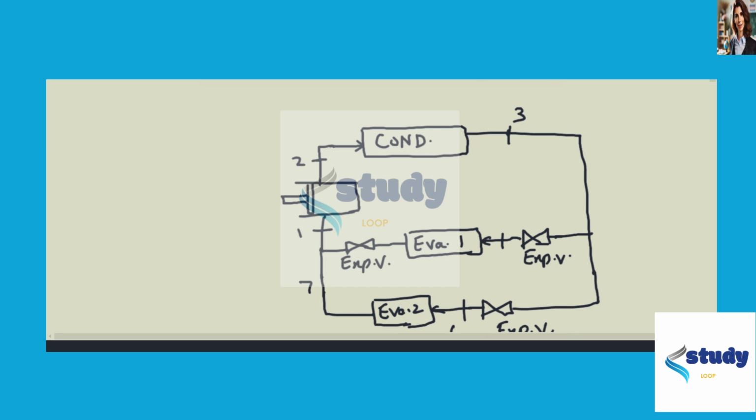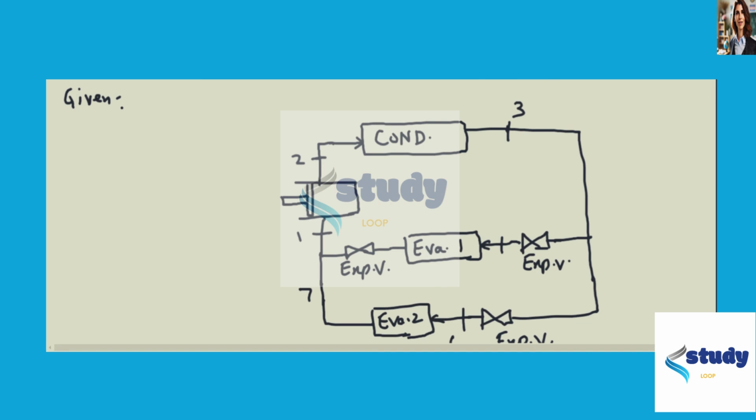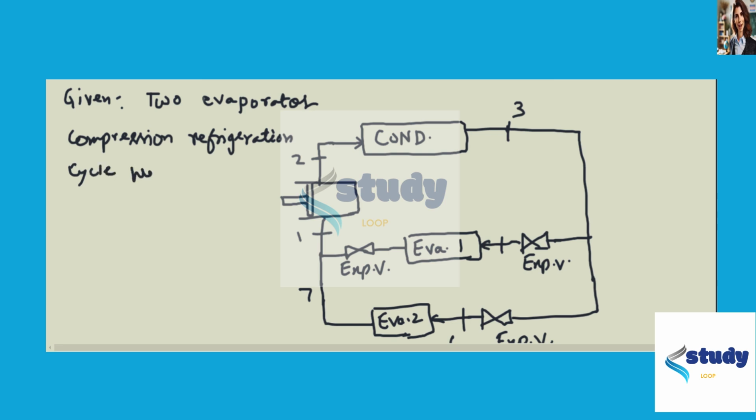Hello friends, here it is given: a two-evaporator compression refrigeration cycle with refrigerant 134A.